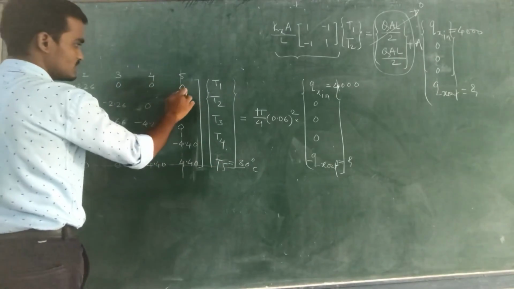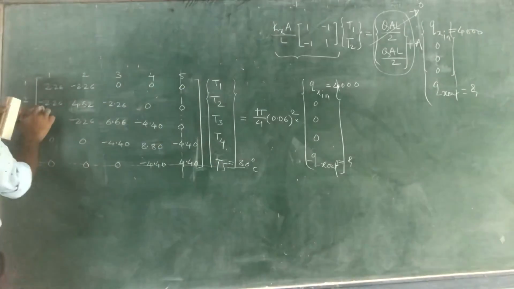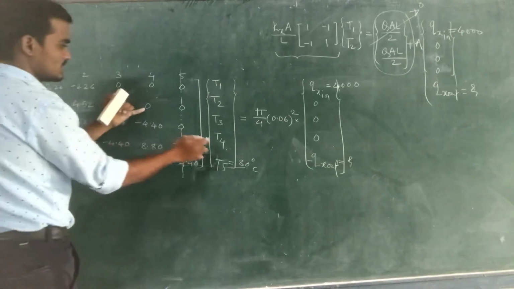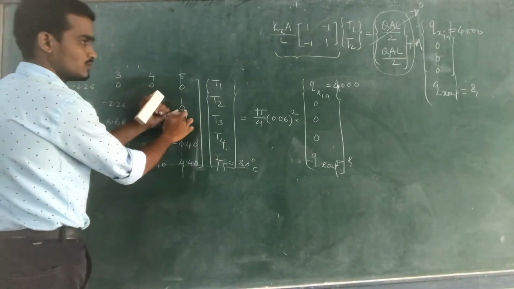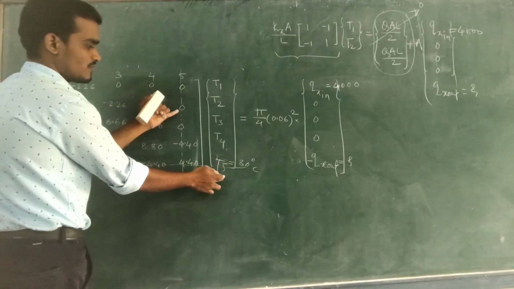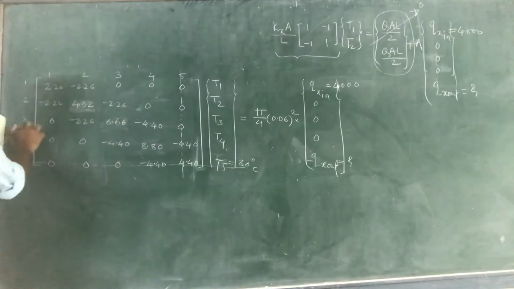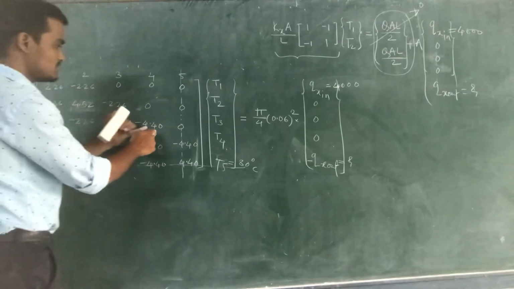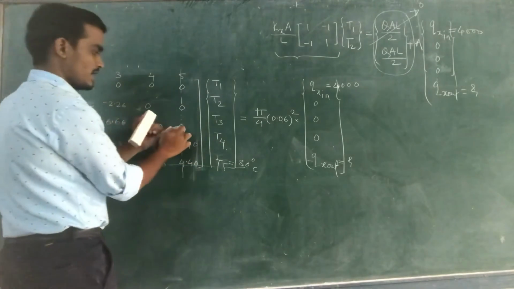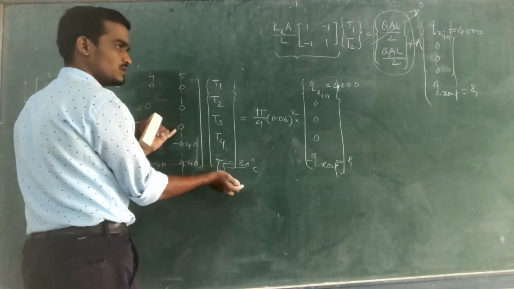Due to this 0, there is no effect. Similarly, for the second equation, up to this we have T4. Due to this 0, there will not be any effect of T5. For the third equation, the first 4 values up to T4 we can write. Also 0 into T5, so it will become 0.